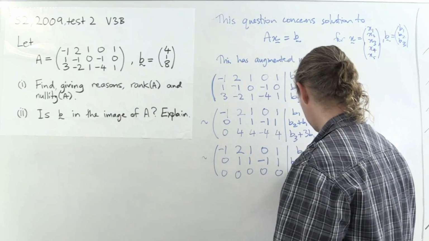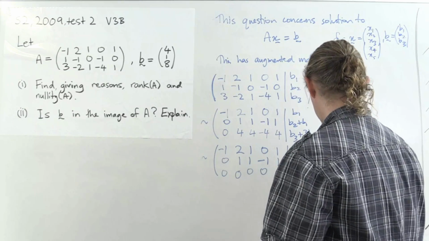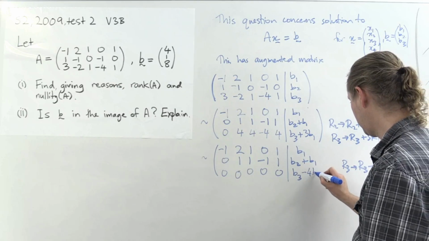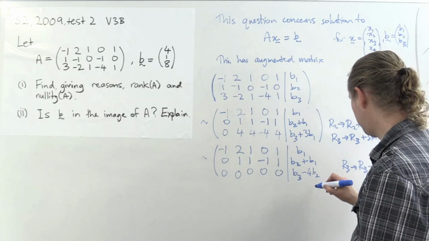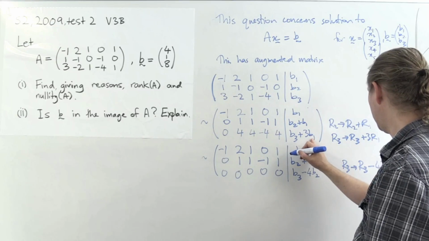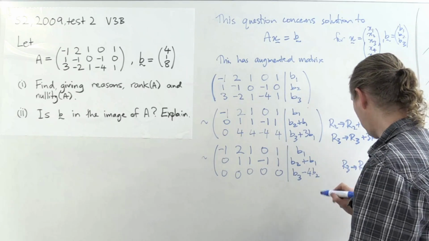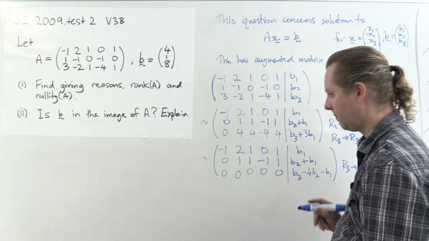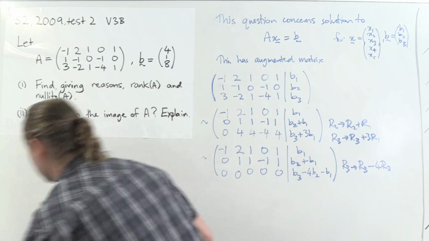And here we've got b3 from row 3 minus 4b2, and we've got 3b1 minus 4b1, which is minus b1. Okay. All right.